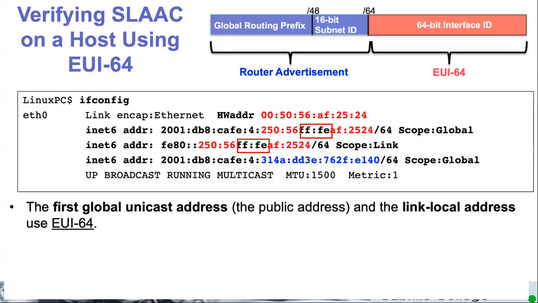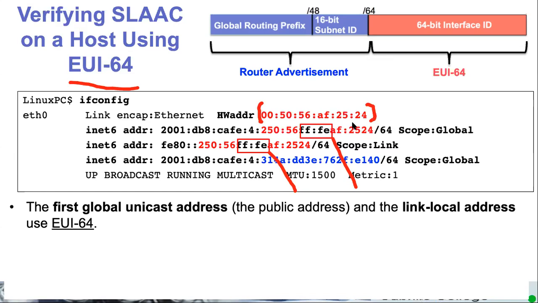If I do ifconfig on my Linux PC, I can actually see some things here. The FFFE in both my global unicast address and my link local address, right in the middle of my interface ID, tells me that yep, EUI 64 was used, most likely, but I can definitely verify that by looking at the MAC address.